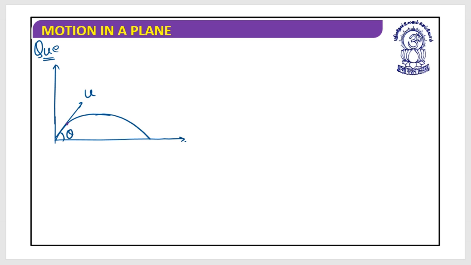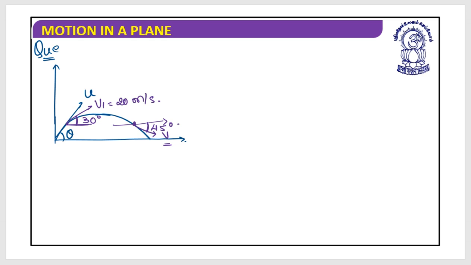Here the velocity is 20 meter per second and the angle of projection is 30 degree. When this projectile is here, if I make a horizontal, this is 45 degree, and I want to find the velocity here.